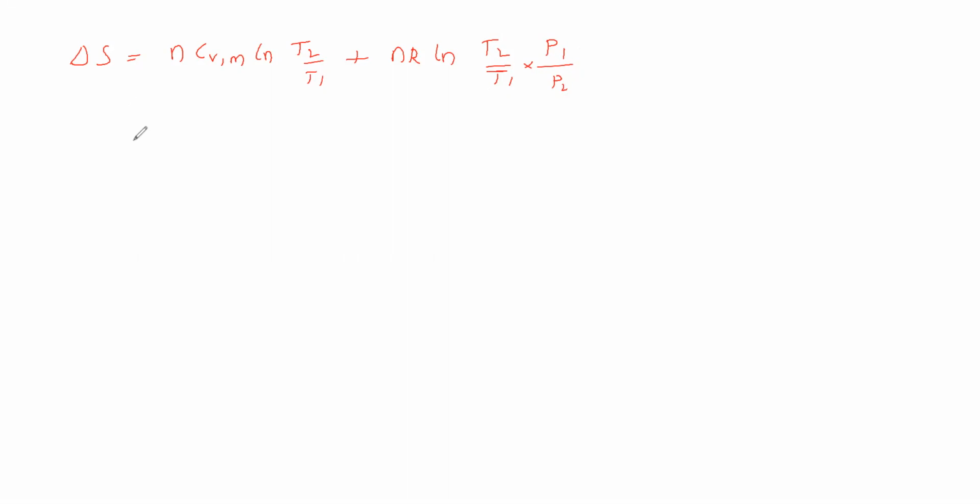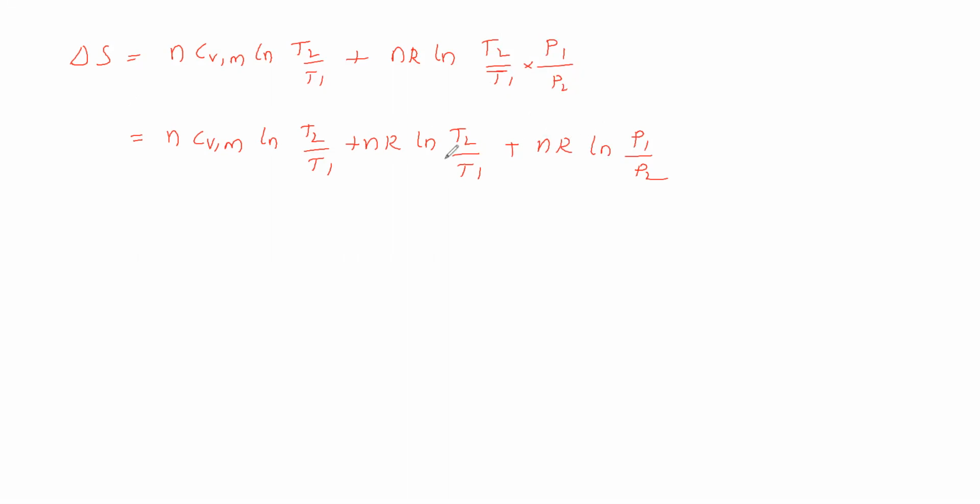So next we will write nCVM ln T2 by T1 plus nR ln T2 by T1 plus nR ln P1 by P2. This ln of T2 by T1 into P1 by P2 we can write as ln T2 by T1 plus ln P1 by P2.